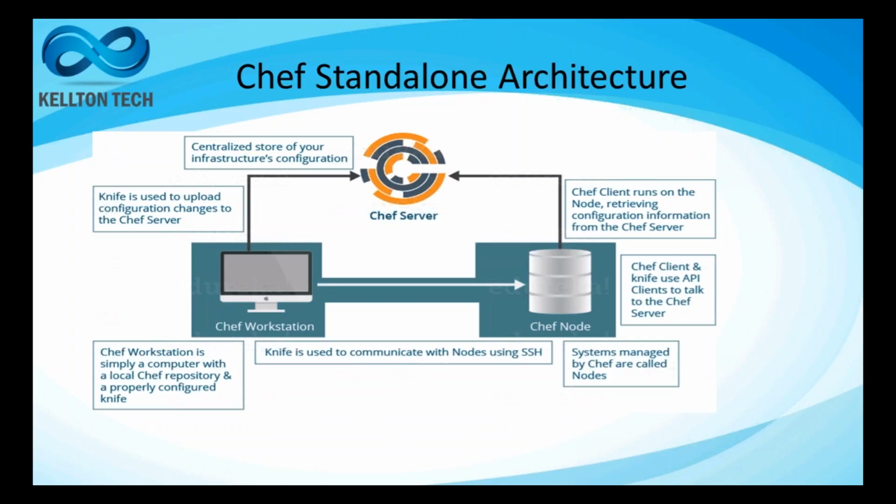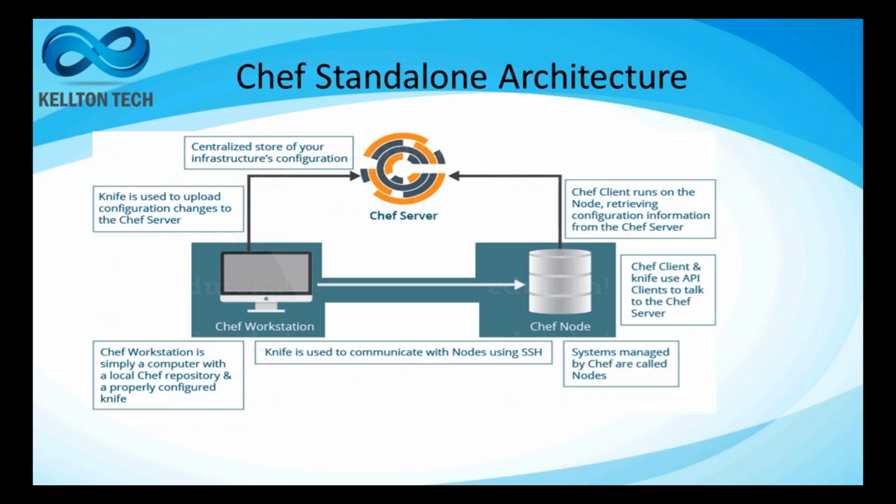In the workstation, before pushing the configurations to the Chef server, this is the location from which all the Chef configurations are managed. It holds the configuration data that can later be pushed to the central Chef server, and these configurations are tested in the workstation before pushing.